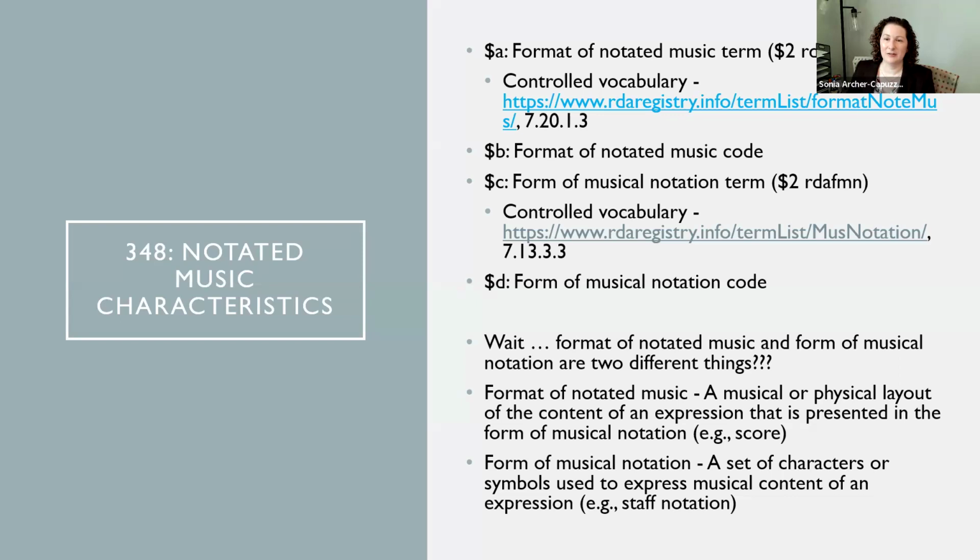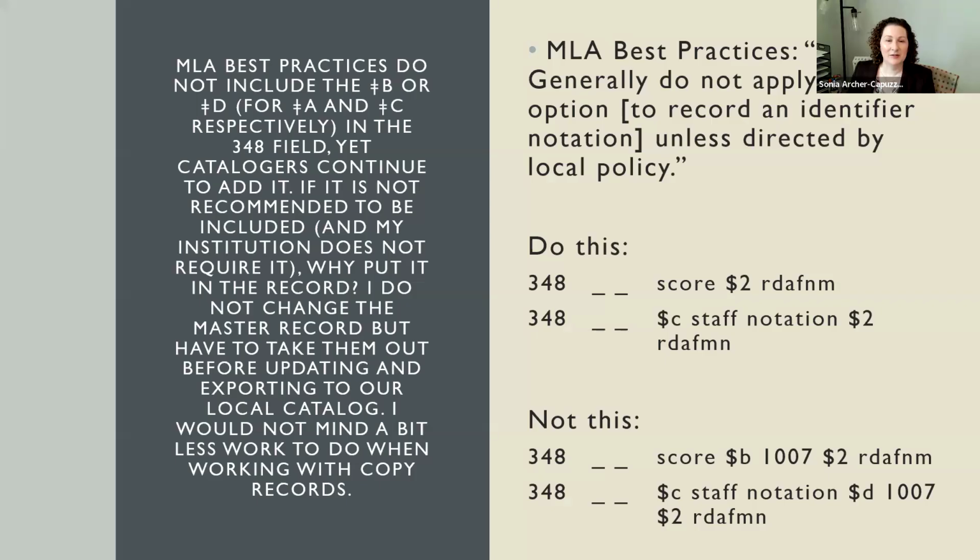My inclination is always to add less unless you're supposed to add more. But I'm not even convinced those codes are the correct usages of those subfields, you know? Who knows? Yeah, so they're special. If you're not adding them, don't feel bad. Don't worry about it. Looks like it's fine.